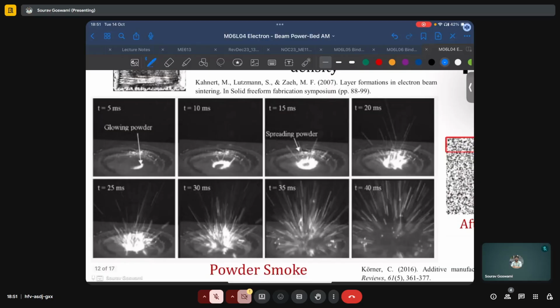We see this glowing powder at t equals 5 milliseconds, and then this almost spatter-like behavior where we see some powder getting ejected from the surface and the rest of it spreading around. And as time progresses, we can see that this powder almost blows up and gets ejected away from the surface like fireworks or in an explosive fashion.